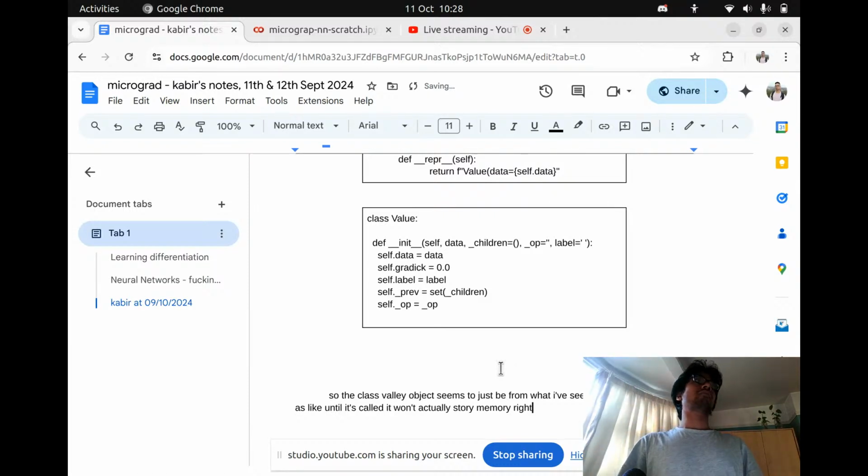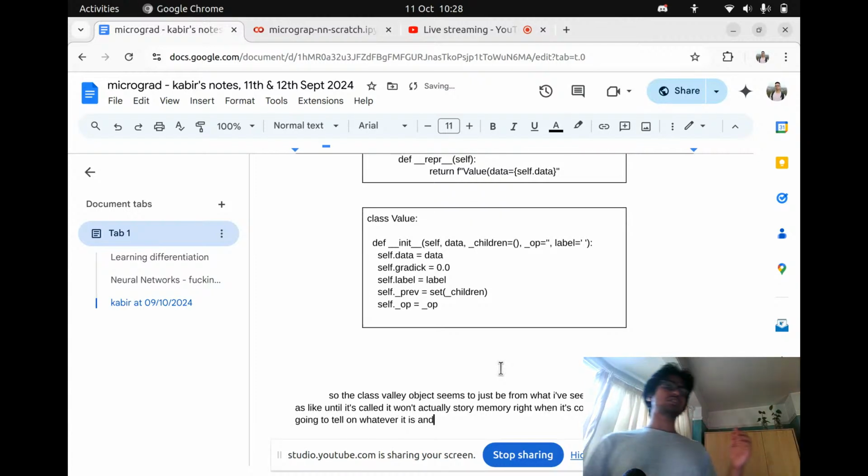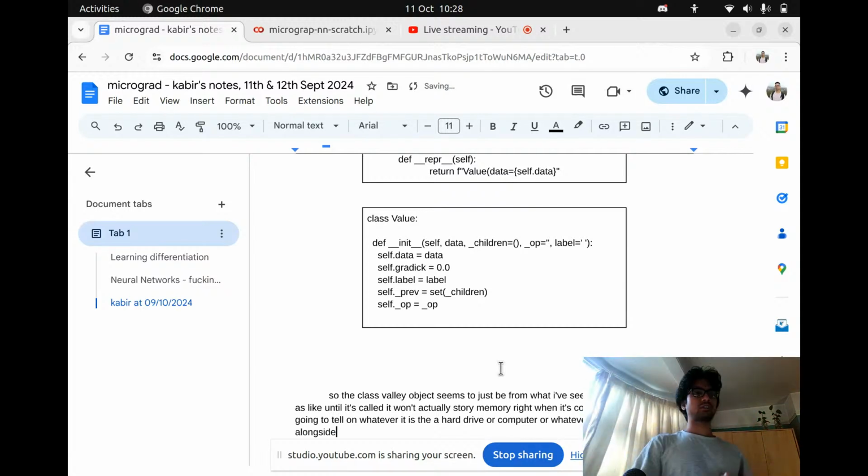But when it's called, the init is going to tell whatever it is, the hard drive or computer, that, hey, store this stuff alongside this thing.